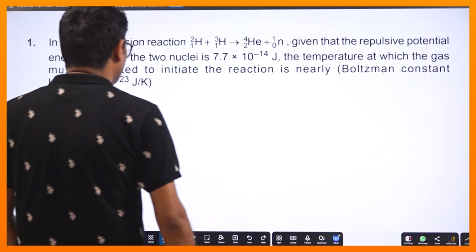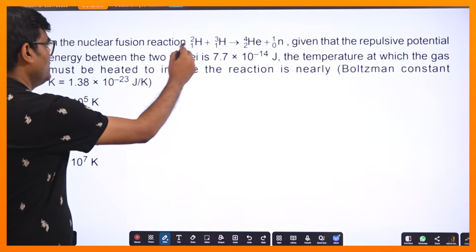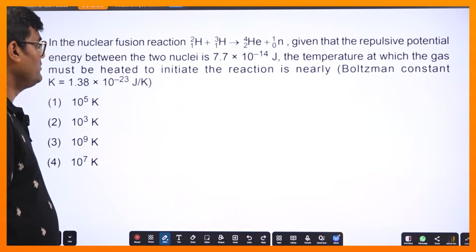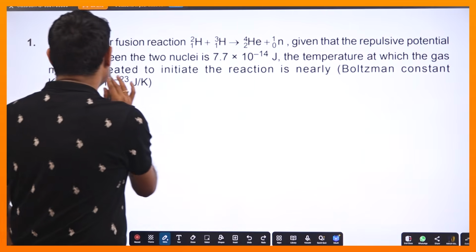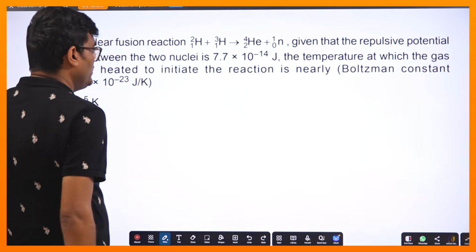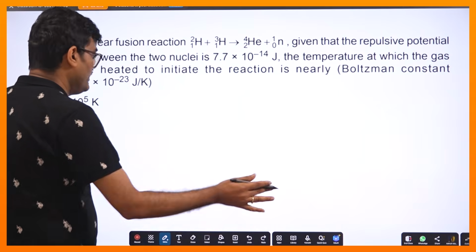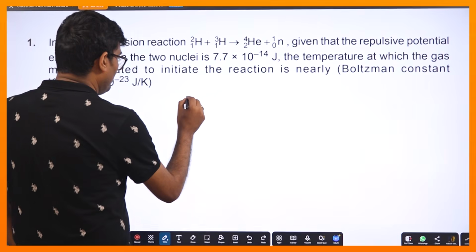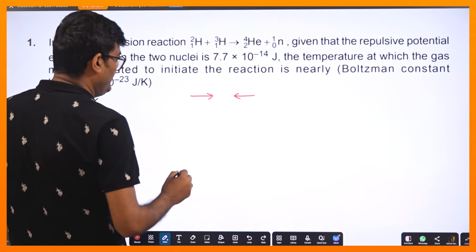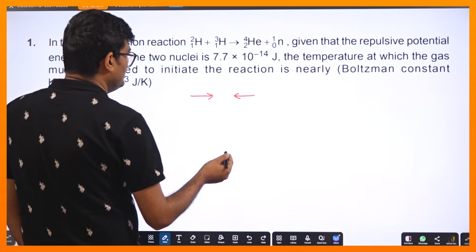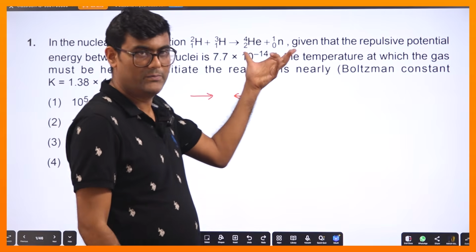In the nuclear fusion reaction, given that the repulsive potential energy between two nuclei is 7.7 into 10 power minus 14 joule, the temperature to which the gas must be heated to initiate the reaction is nearly. Okay, so we know that if the reaction has to take place, then the gas should collide with such a kinetic energy which should be more than this barrier potential energy, right?